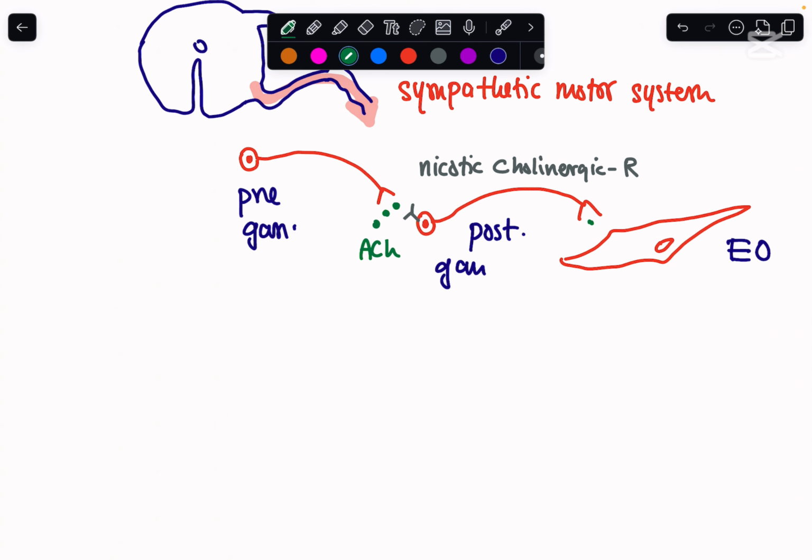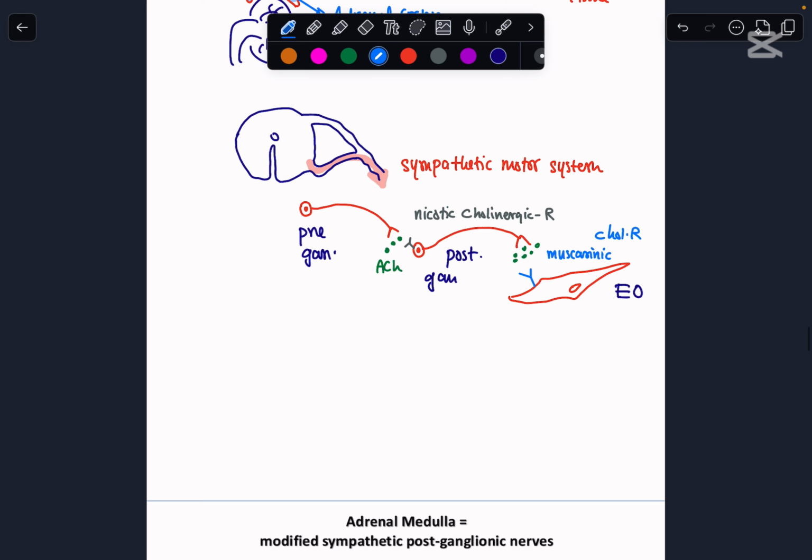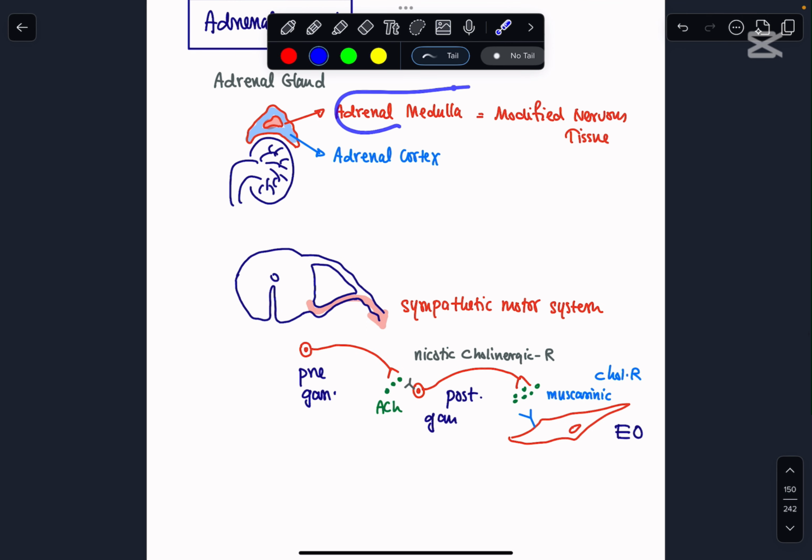Here you would still have acetylcholine, but the receptors here would be muscarinic cholinergic receptors, okay? So what's important again to understand insofar as the adrenal medulla goes is as follows.